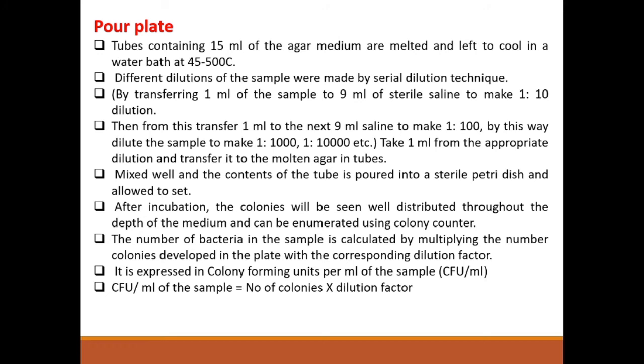So we express it as CFU. The unit may be a single cell or a group of cells, two, three or four cells, depending upon the type of organism. That's why it is expressed as colony forming units per ml of the sample. Okay, I think you have understood.